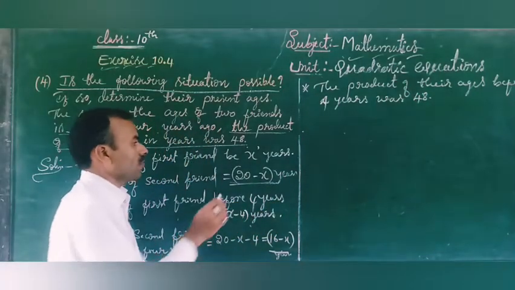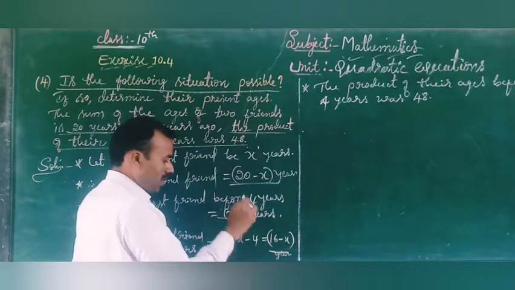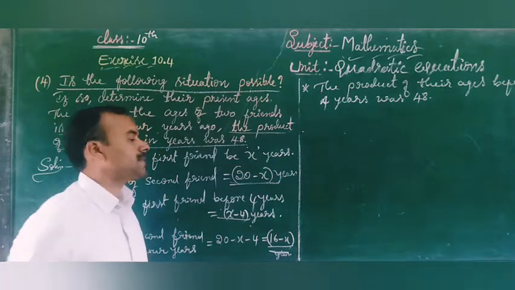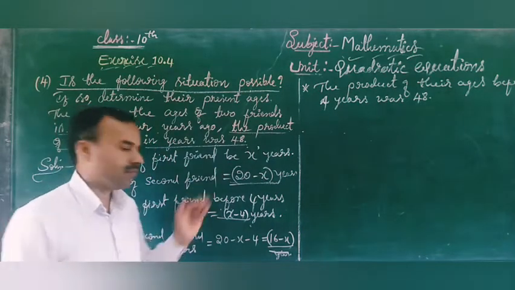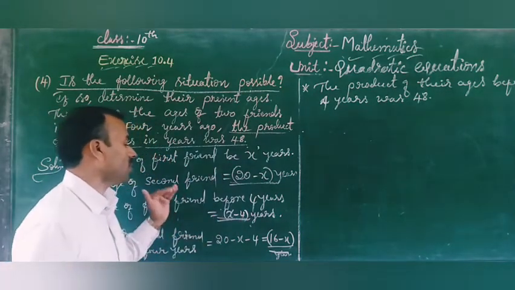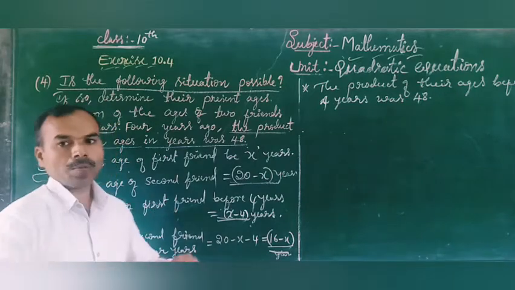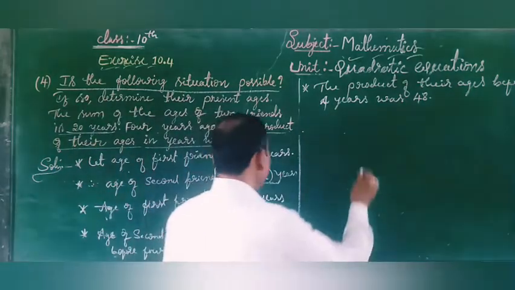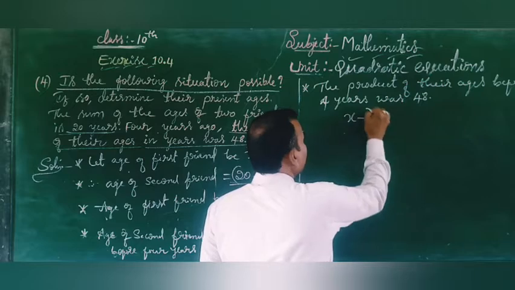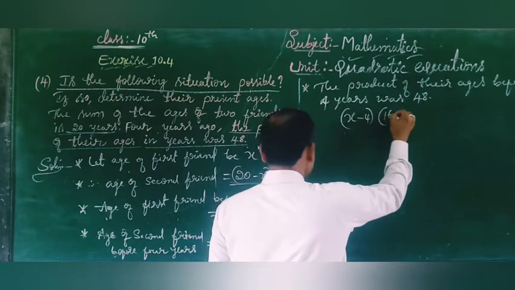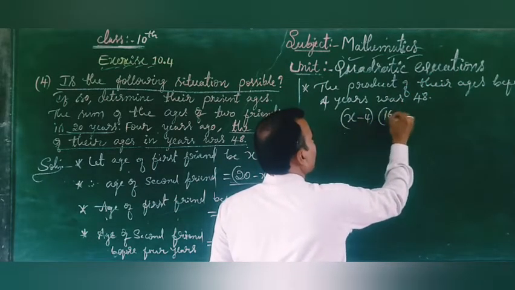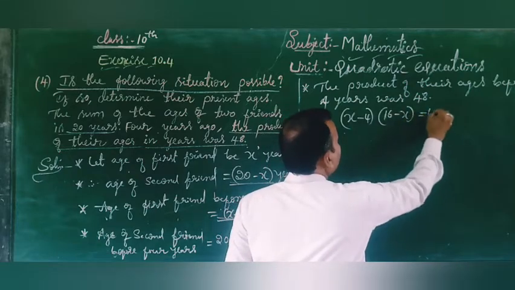Taking the product of x minus 4 and 16 minus x, which are the ages of the first friend and second friend before 4 years, x minus 4 into 16 minus x equals 48.